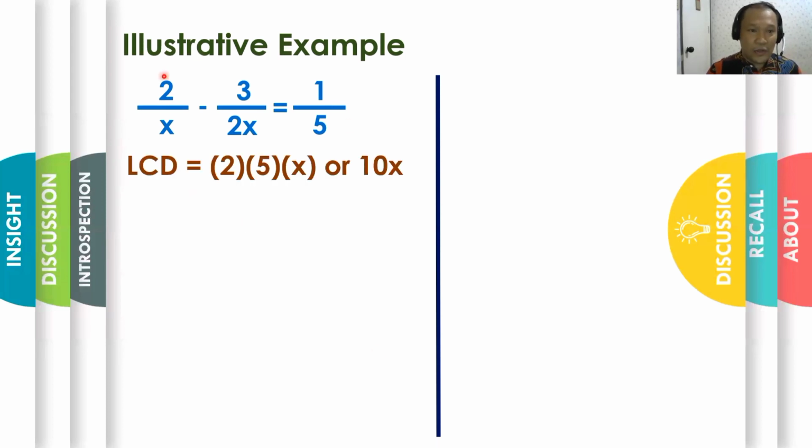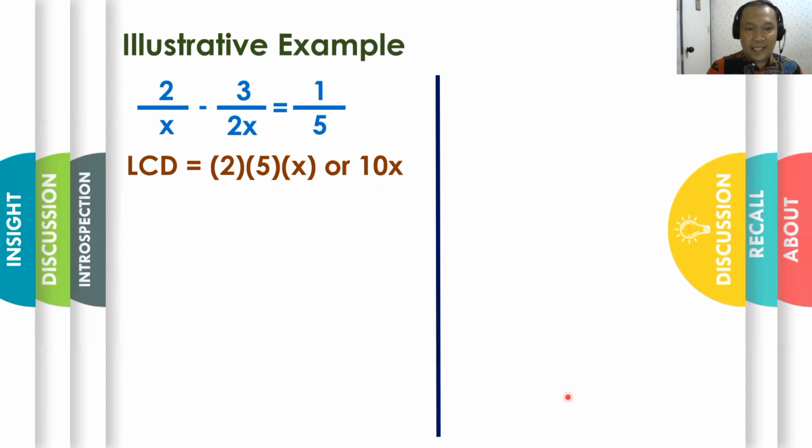And in our illustrative example, our LCD will be 10x. Okay, it's 10x. Remember, 2 and 5, our LCM for 2 and 5 is 10. And then for the variable x, we are just going to multiply 10 by x. Thus, the product will become 10x. Therefore, our LCD is 10x.